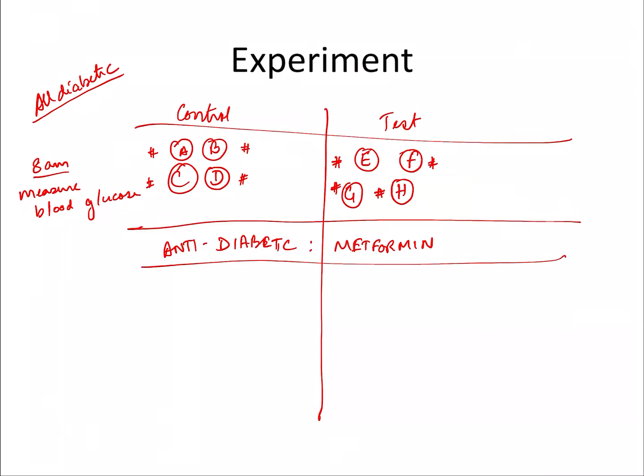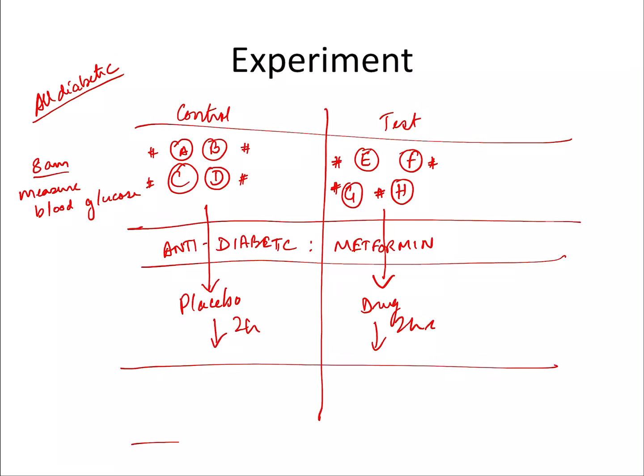Then, while this group consumes what we know as a placebo, which means a non-drug that looks like a drug. And then following consumption, let's say 2 hours on, each group is tested again for blood sugar.